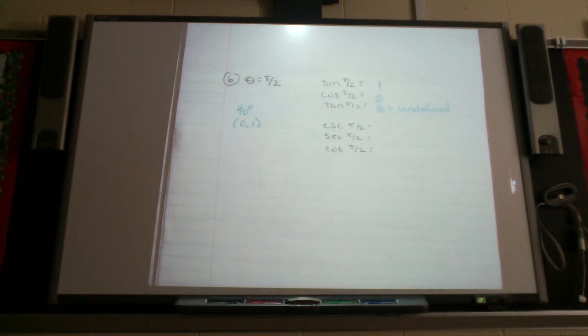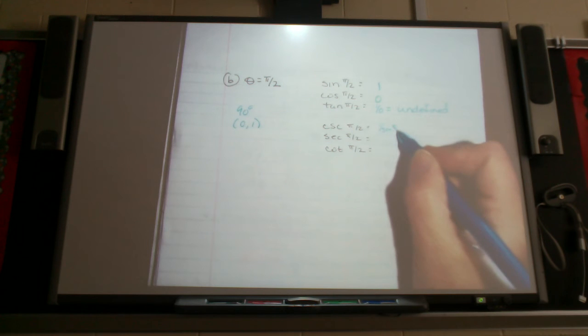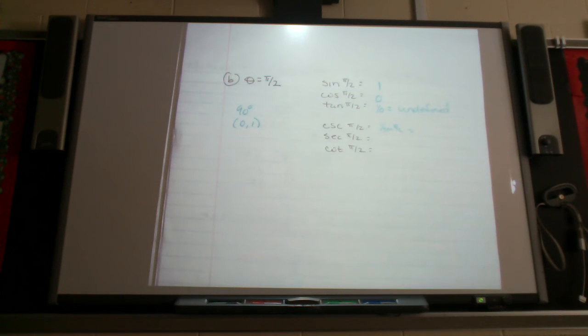What's cosecant? Cosecant is the reciprocal of sine. So what's the reciprocal of 1? 1 over 1, and you flip it, 1.